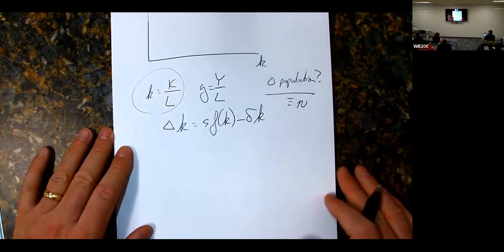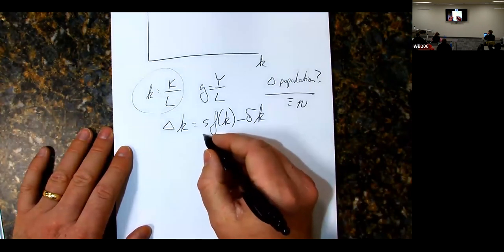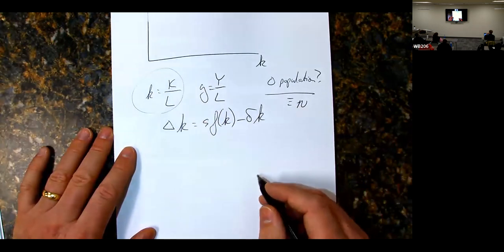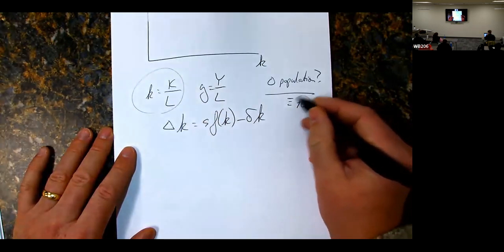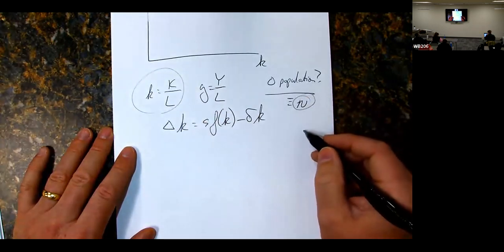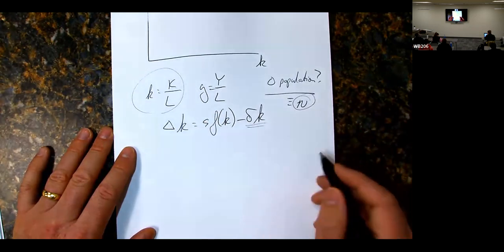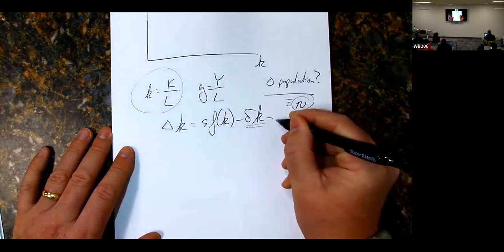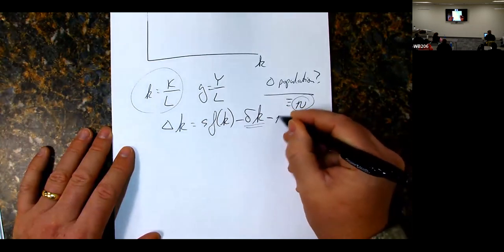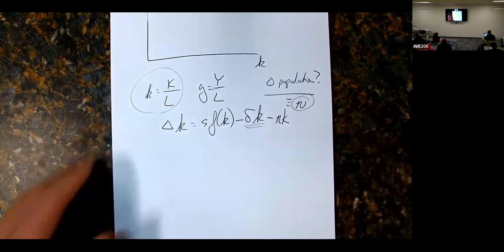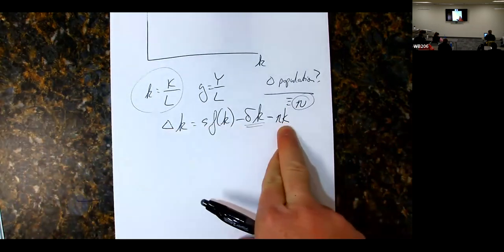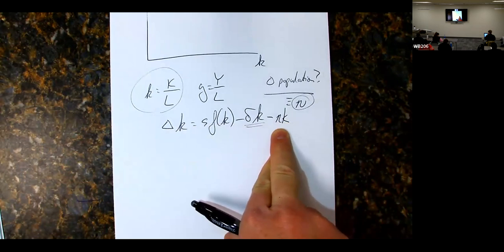And we bake that in by saying that effective capital is affected by changes in population in the same way that it is affected by changes in depreciation. So we add a term to the end of our equation here to account for changes in population.